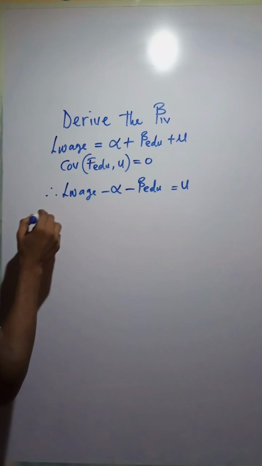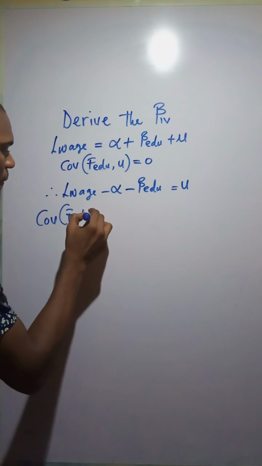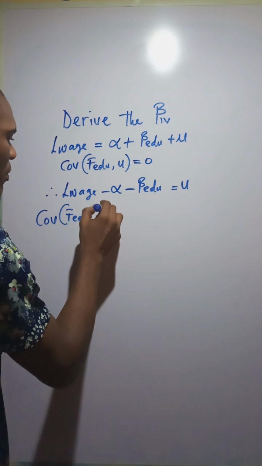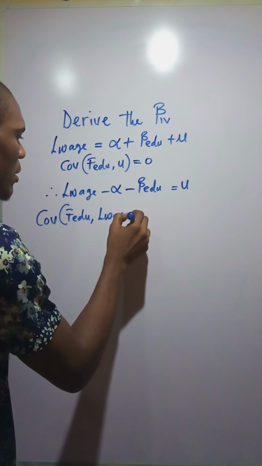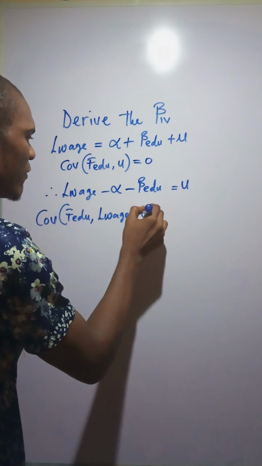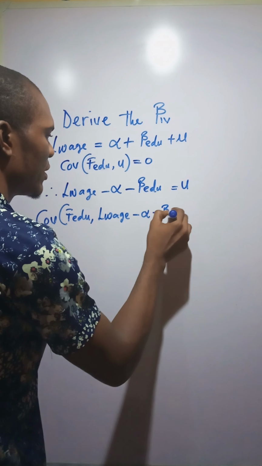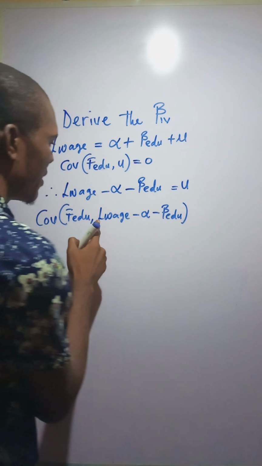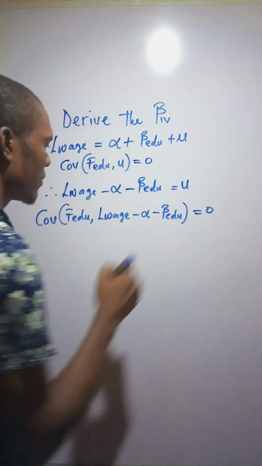All right, so we now have the covariance of father's education, comma, labor wage, minus your alpha, minus your beta education, close your bracket. Remember, everything is equal to u, which is this, and equals 0.